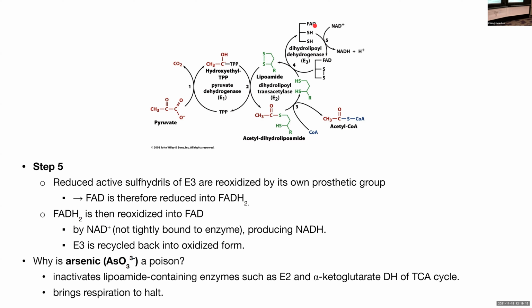So it's going to be FADH2 and S-S here, and then later on these two hydrogen atoms should be removed to truly get the oxidized form of this FAD, right? So that's where this NAD plus plays a role, that reduces the FADH2 to make it into FAD. So I actually skipped this explanation, but it's a good catch. Does that make sense to everybody? So it's a kind of two-step process.